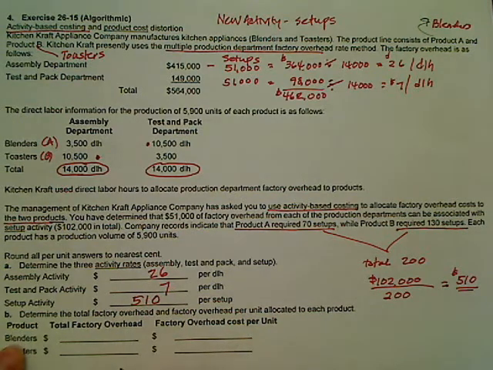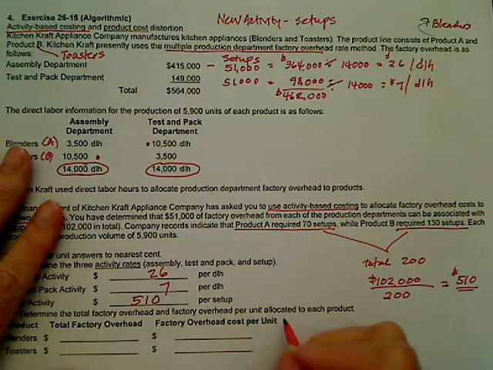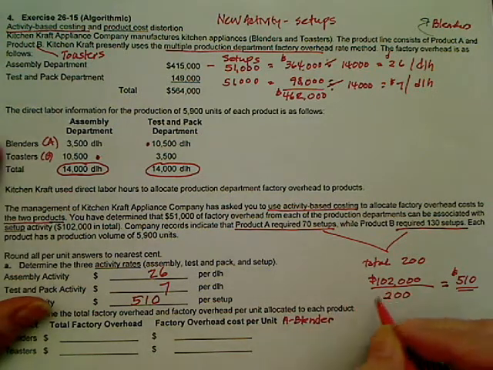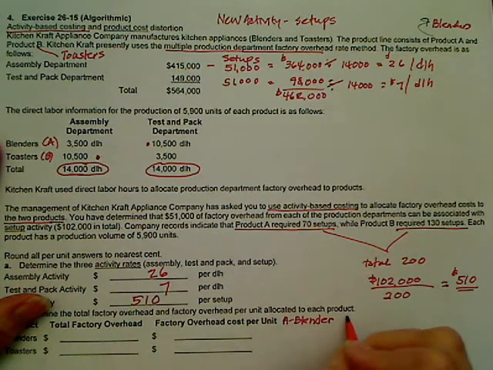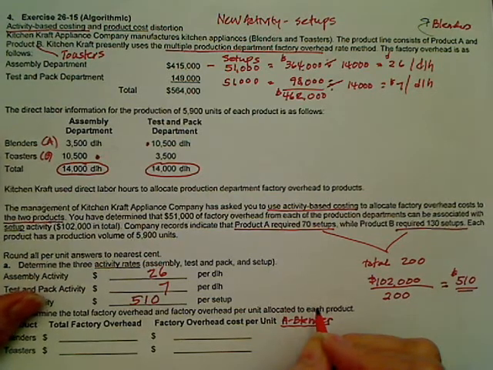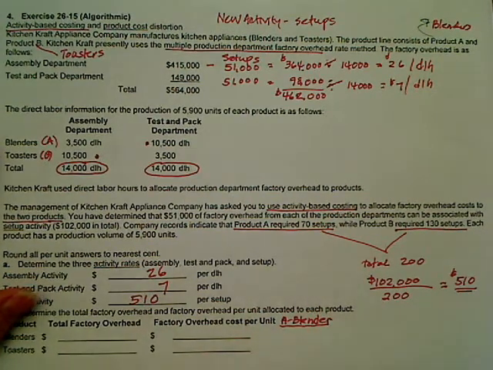So total factory overhead, and we need more room to do this. Assembly. So for a blender, we have the activity usage and the rate. We're going to have 3 different rates.